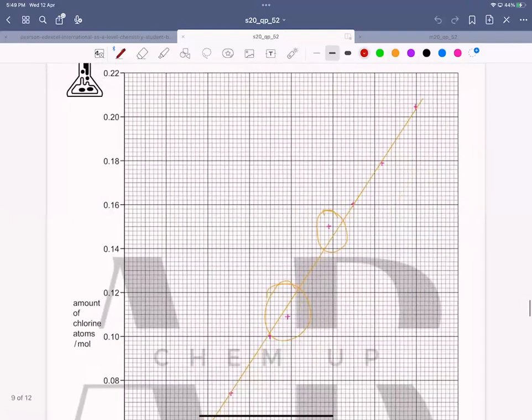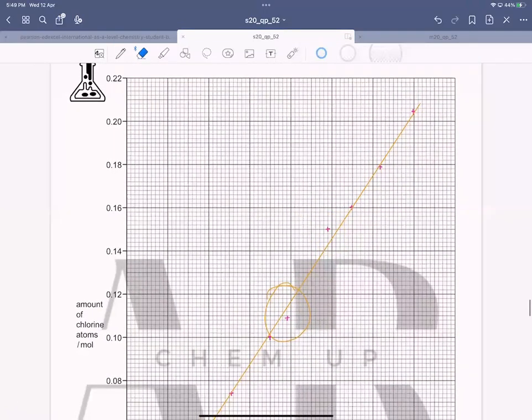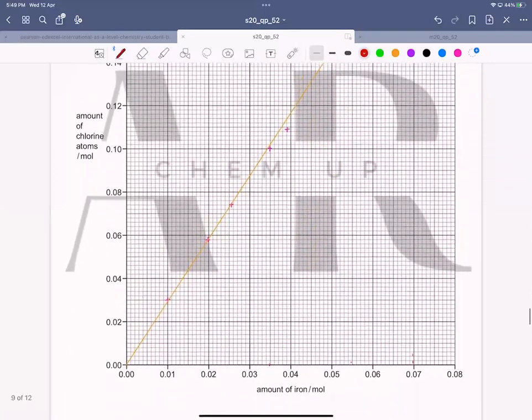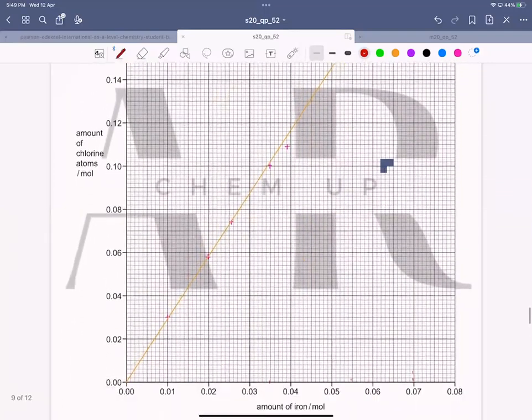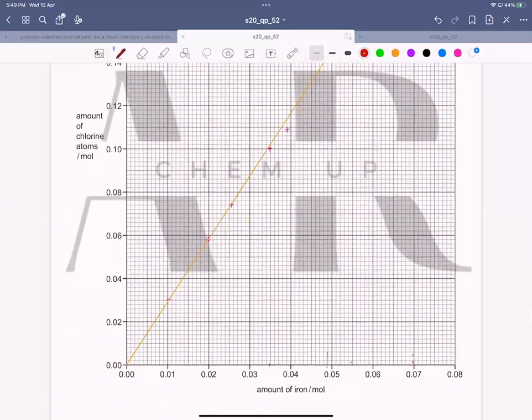Okay, I have to check whether my values are correct or not. It was 0.04 afterwards.